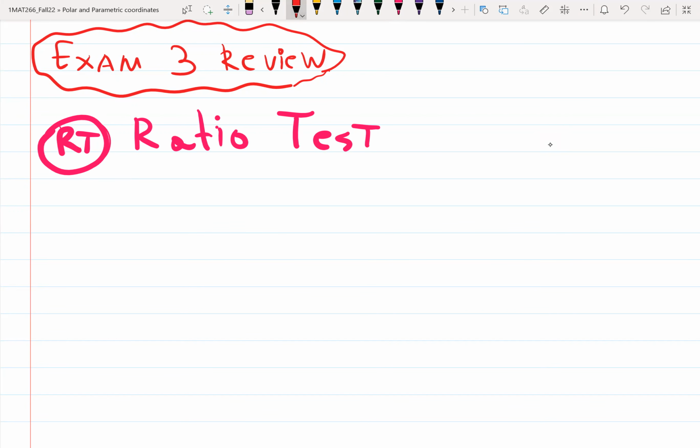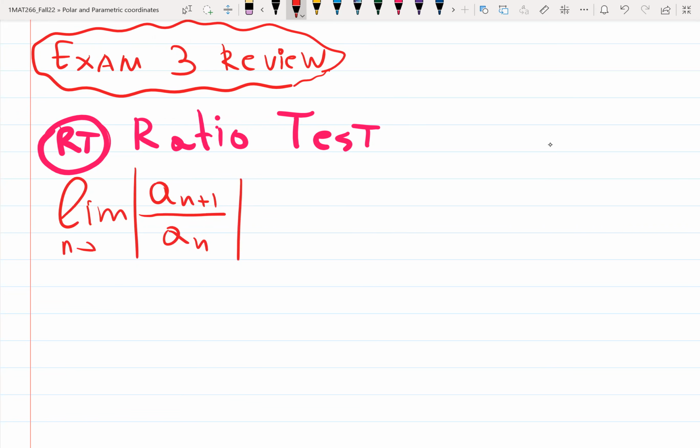Ratio test says, find the limit of the ratio of the next term over the previous term, hence the title, ratio test. It checks the ratio in absolute value, so we don't care about negative signs. If at the end of those series the next term over the previous term gives you a number, and this number is less than 1, then what do we know about that?